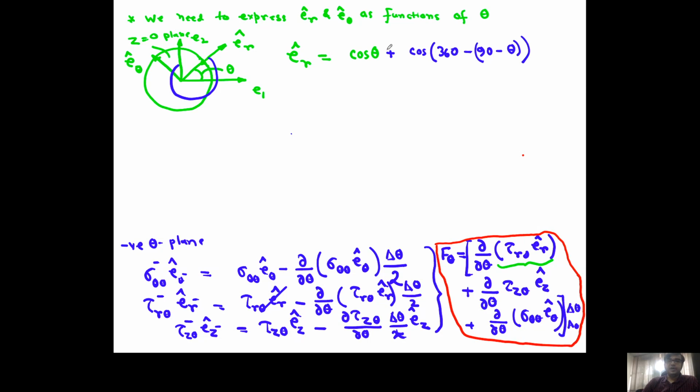So cos theta will give you the I component if I'm taking it into the Cartesian coordinate system, and this is your J component, right? And if you do the, okay, let me do it first.